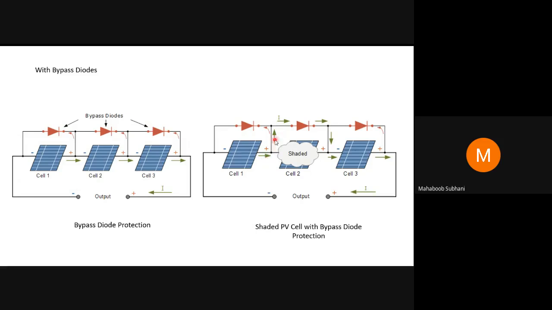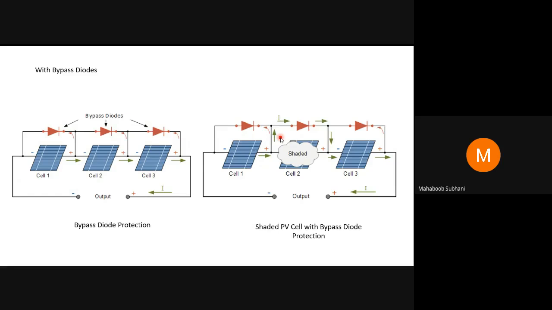So the current flows through the bypass diode placed across cell 2. Now the same current will pass through this diode, and go through cell 3 also. So there is no drop in voltage. The same voltage is maintained across all three cells, right?